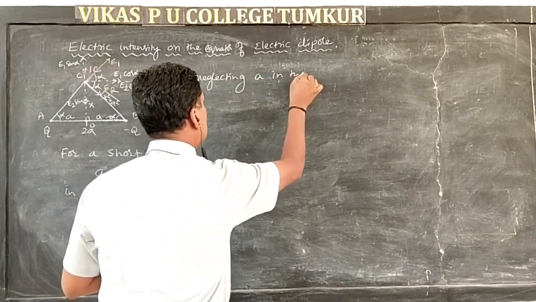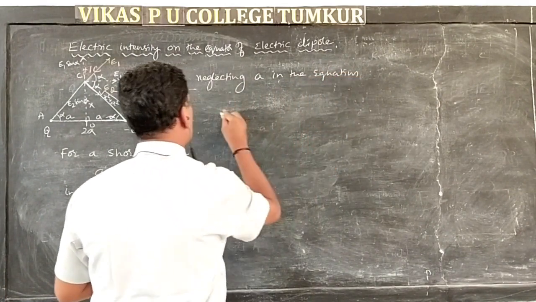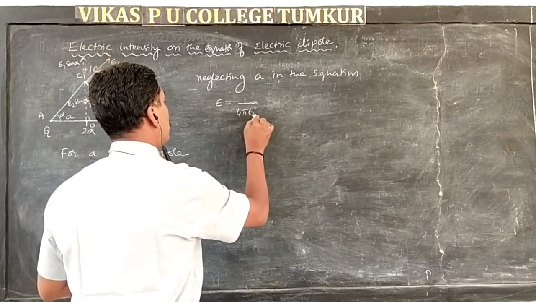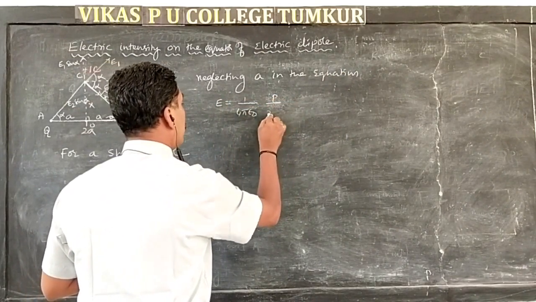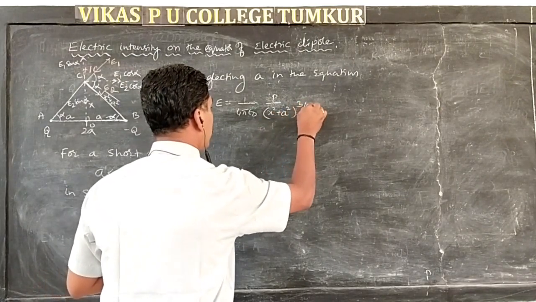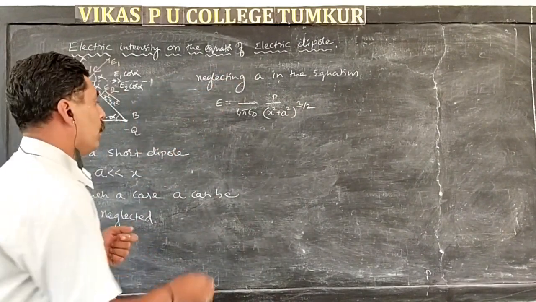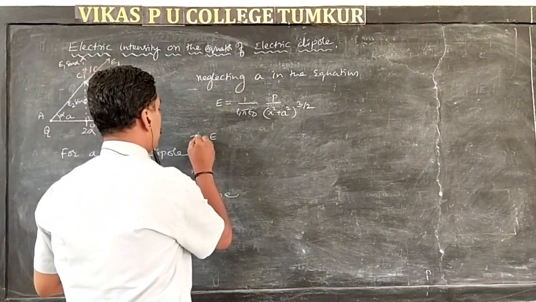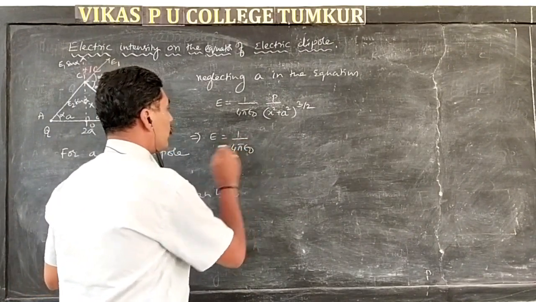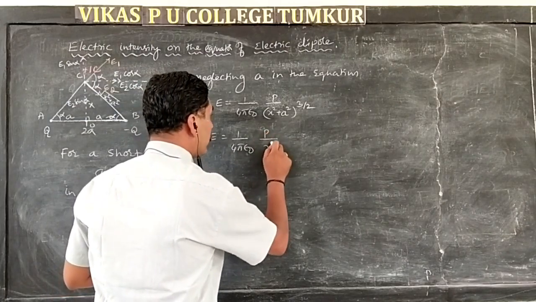in the equation E is equal to 1 by 4 pi epsilon naught P divided by x square plus a square whole power 3 by 2. Neglecting a, you can write E is equal to 1 by 4 pi epsilon naught P divided by x square whole power 3 by 2.